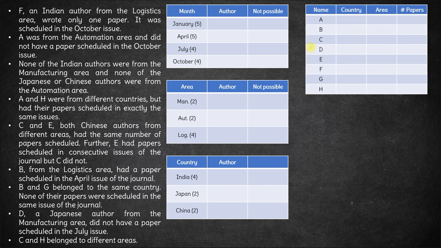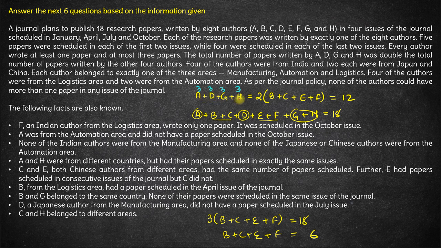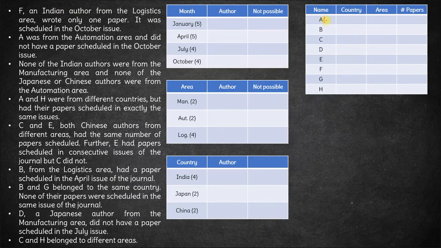For people, we have figured out that A, D, G and H wrote 3 papers each. Also we know that January and April have 5 papers published in each of these issues, and July and October had 4 papers published in each.